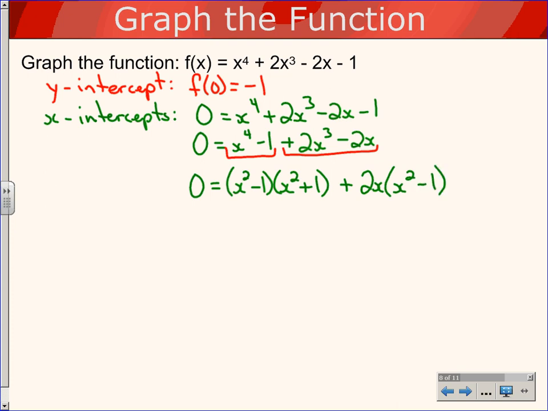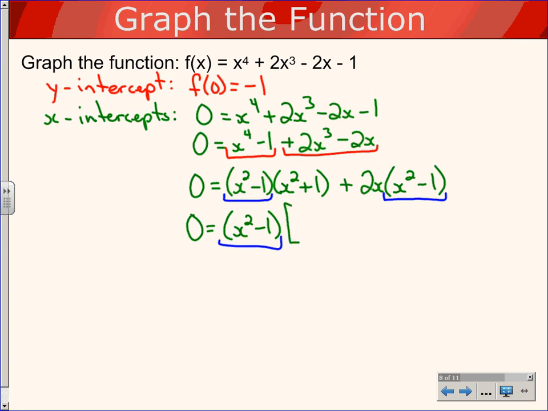The whole key to factoring by grouping is that I need to have something the same in both of these new groups once I common factor. So there's an x squared minus 1 in both. To continue, I'm going to pull that x squared minus 1 out to the front. It's a massive common factor, right? That comes out.